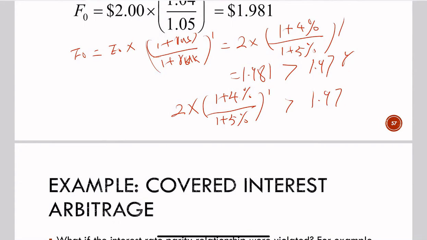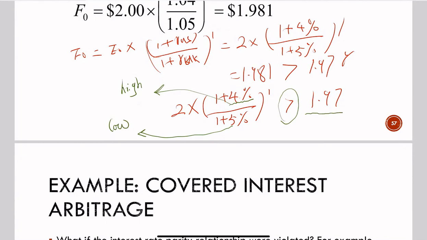Well, it sort of says that this interest rate is high, right? And this rate is low. That's why you get this inequality sign here, right? At least relative to this 1.97, this 4% is too high.